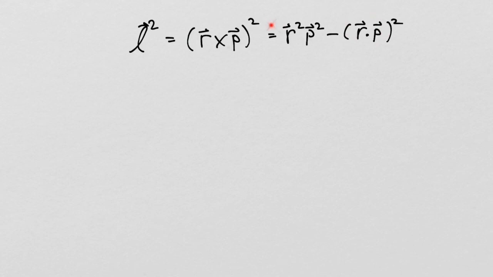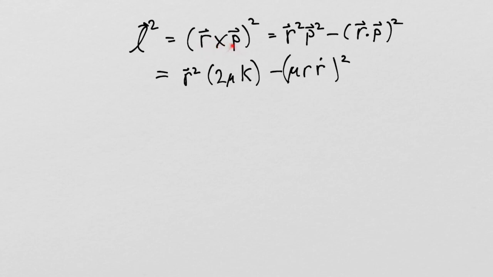All right, so this can be reduced as such, right? So this part, r squared p squared, if you just peel that apart, p squared is 2 mu times the kinetic energy, times r squared. And r dot p, well, p is mu r dot, and r is r, so it's this term squared.